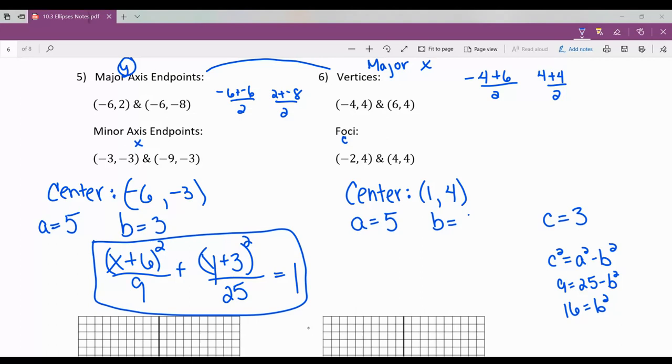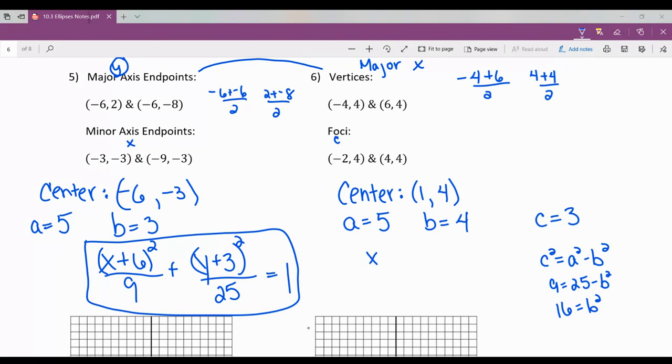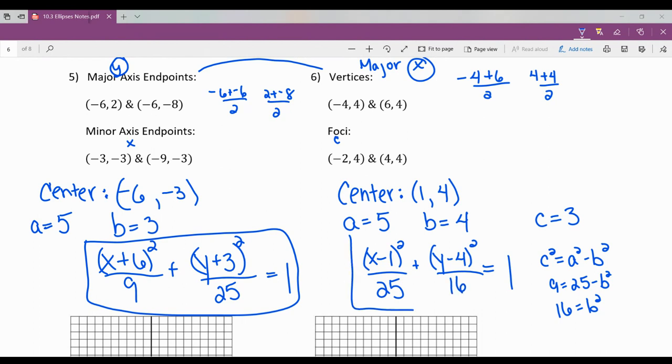So B is equal to 4. So my equation is going to be x minus 1 squared plus y minus 4 squared equals 1 over. Now my major is my x, so my a squared is going to be under my x. My b squared, 16, is going to be under my y. And that is my equation of the ellipse in standard form.